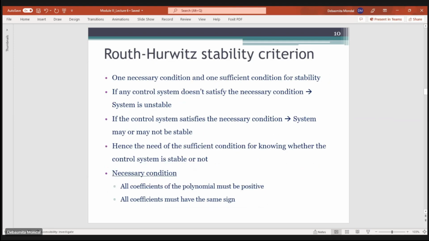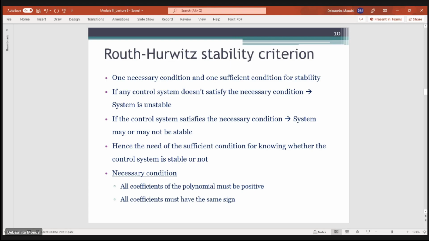In this Routh-Hurwitz criteria, there are two conditions which need to be satisfied for you to say whether a system will be stable or not: one necessary condition and another sufficient condition. If the control system doesn't satisfy the necessary condition, you can straight away say that the system is unstable.